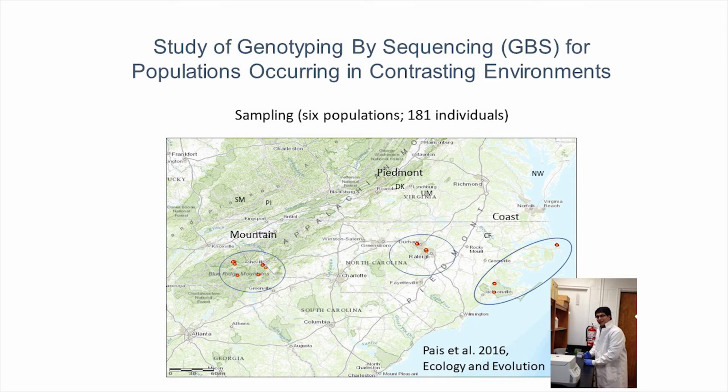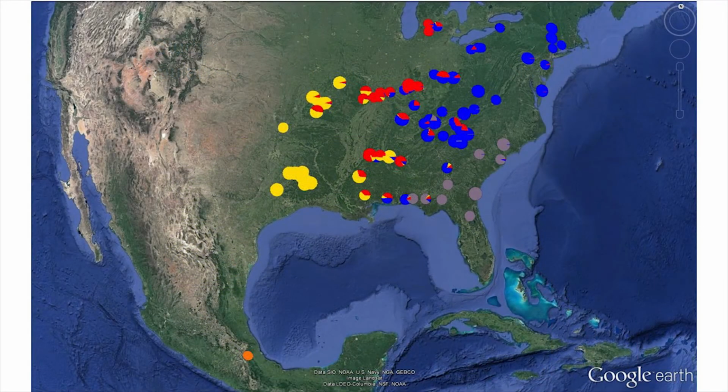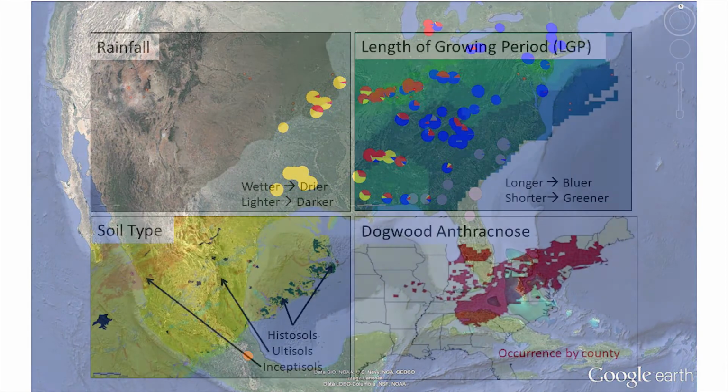Another reason why I started with this pilot study is, as I can tell you right now, all the stuff I'm already talking about, studying all this at once was a little bit overwhelming. So this is the range that I have sampled at the end of my dissertation, even getting samples from a disjunct population in the peninsula of Mexico.